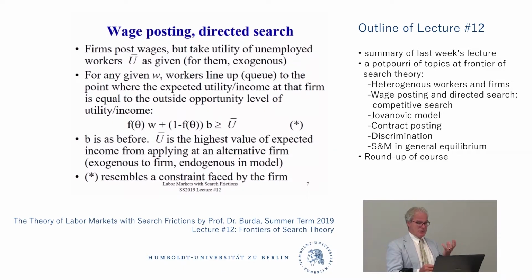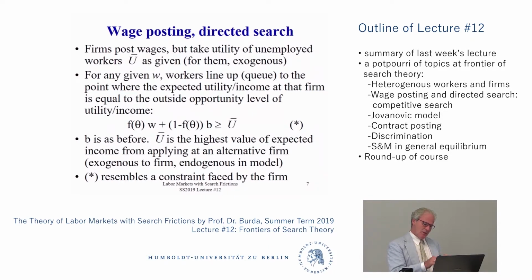So F is the success probability from the worker's perspective. Remember, Q is the success probability from the firm's perspective, and they're related to each other using the usual identity. So these are expected utility maximizing people. If F is high, for a given wage, that's going to yield more utility. So maybe something else can be lower.